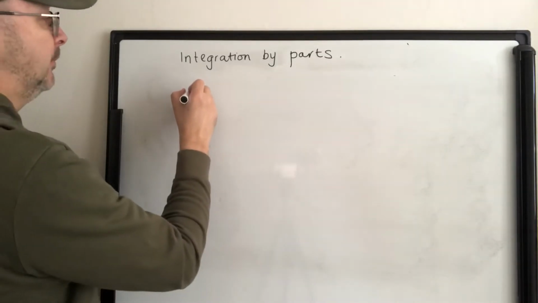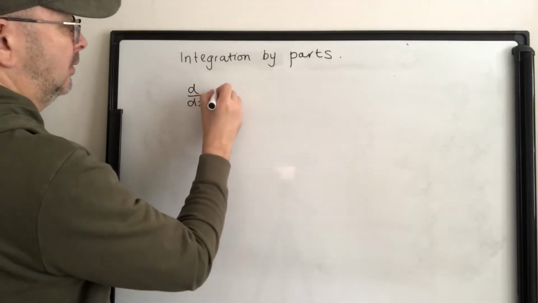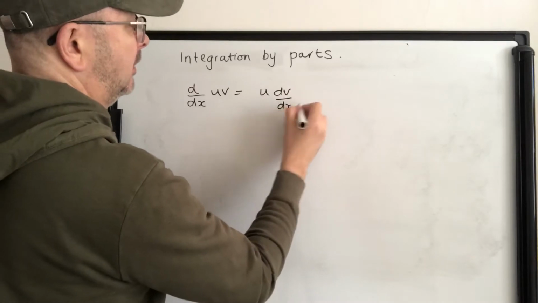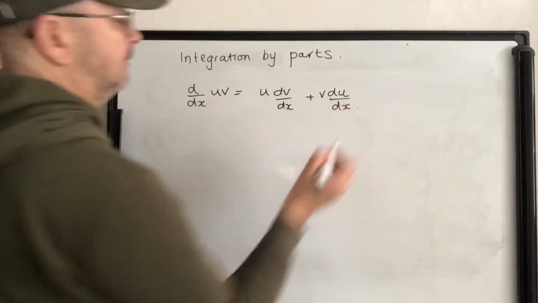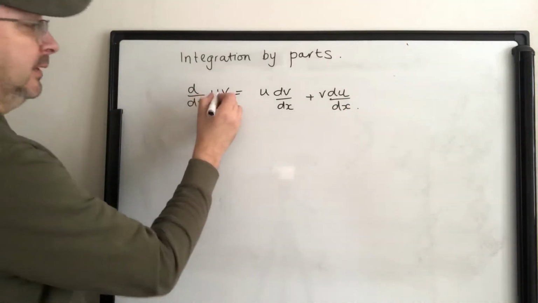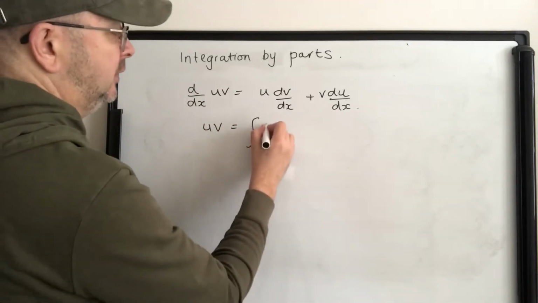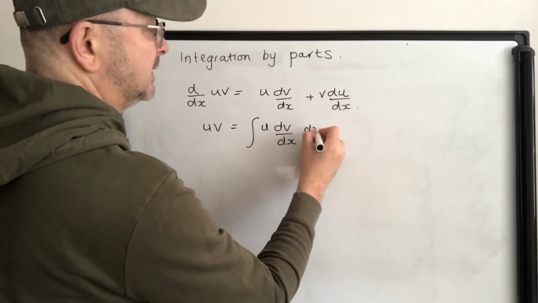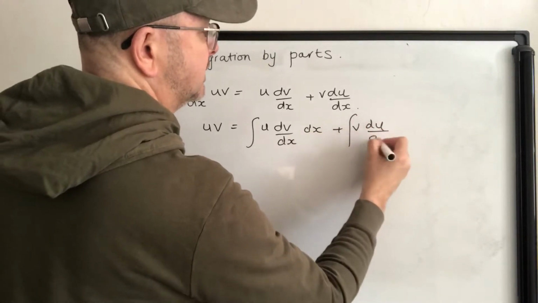So the product rule says if we differentiate uv, we get u dv dx plus v du dx. Now if we integrate everything, this is going to become uv is the integral of u dv dx with respect to x plus the integral of v du dx with respect to x.